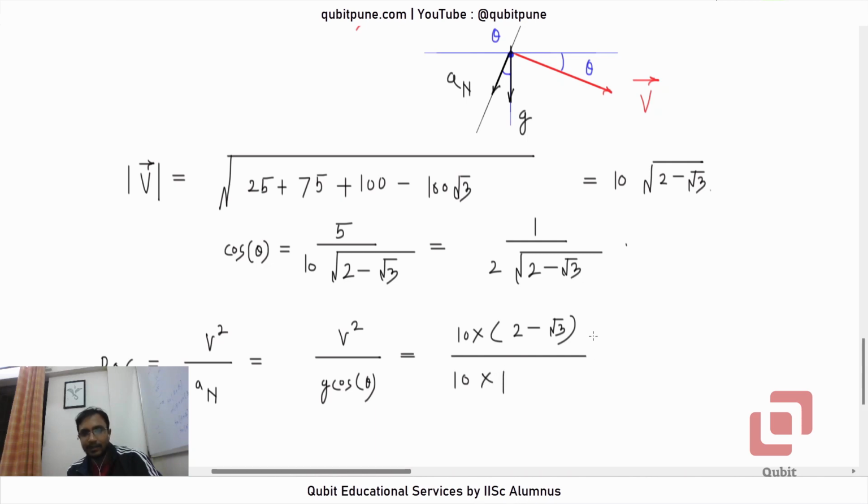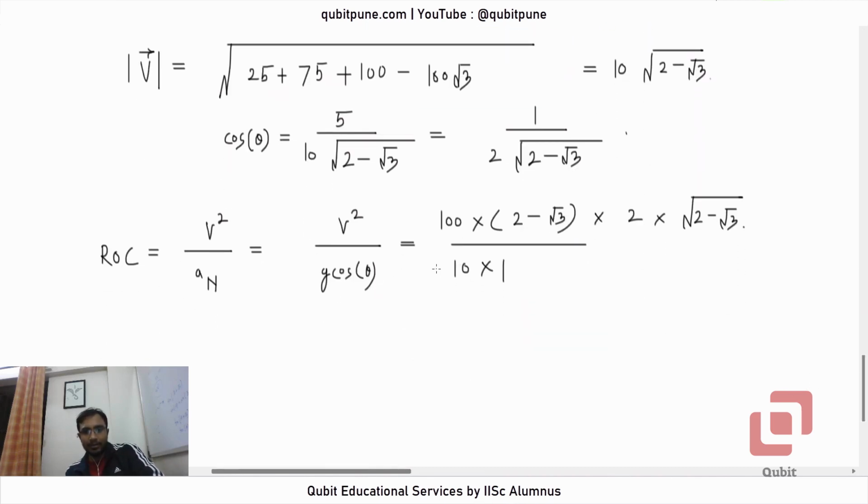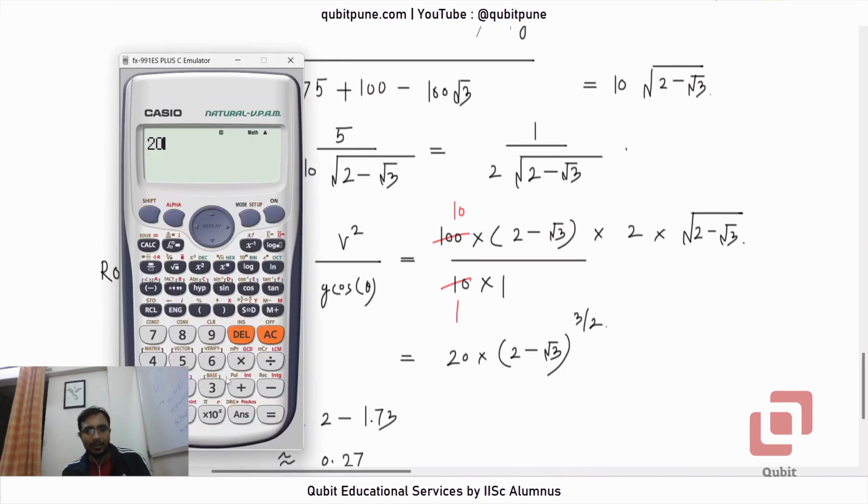So it will be 20 into (2 minus root 3) raised to 3 by 2, that is 20 into bracket 2 minus root 3 bracket closed raised to 1.5.